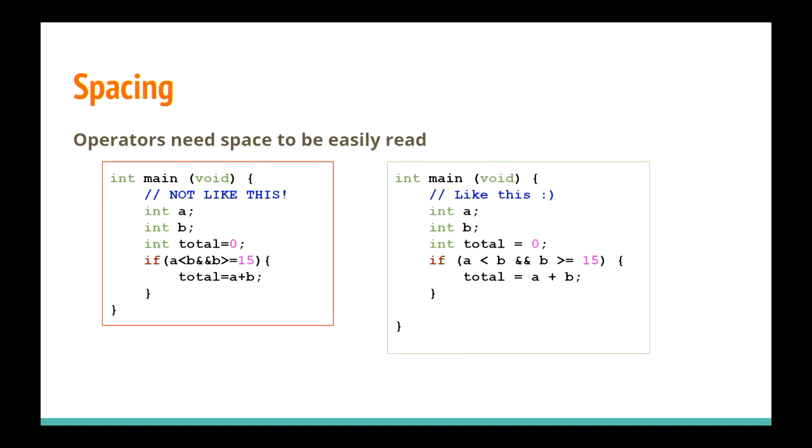Spacing, we did discuss this when we were editing things. This area here makes it very difficult for us to tell different objects apart. Each of these things is an individual object, whether they're a variable or an operator or something, and it's much easier to see them as separate pieces for us to be able to read if we put space between them.